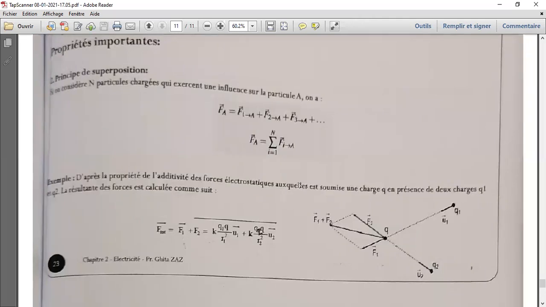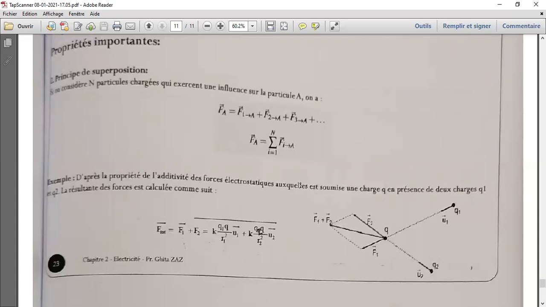Okay. So basically I was talking about the principle of superposition. When you hear the principle of superposition, it's when you have different charged particles exerting a force on one charge. So how do you calculate the force total?